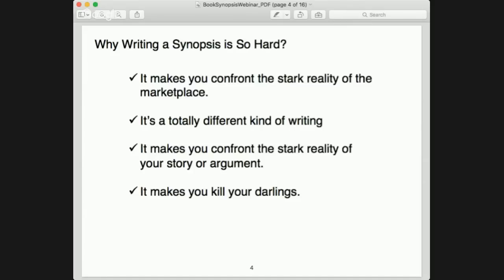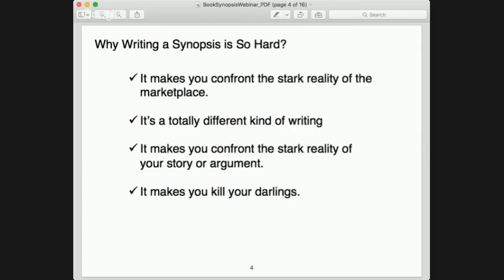I just love that. That just so perfectly captures why writing a synopsis is so hard. When you're the author and you've got the words on the page, it's not you. It's something that you've created. It's a different product. It's something else entirely.